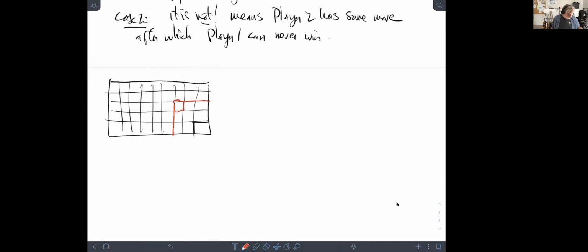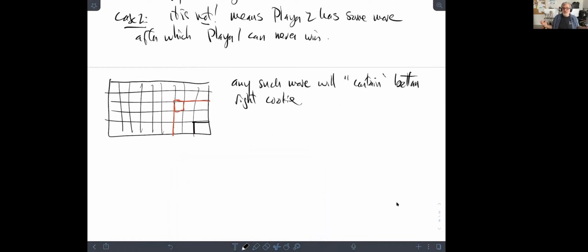Okay. So any such move will contain the bottom right cookie, right? It's clear. Wherever you put that next square, the rectangle will contain it.